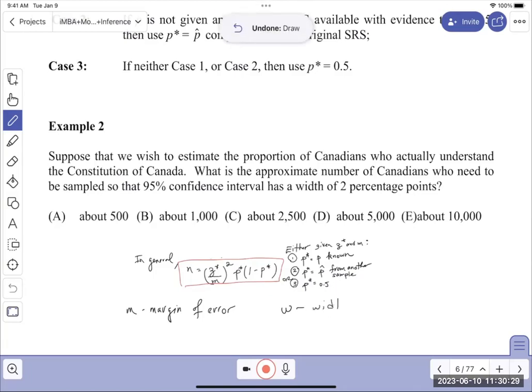What's the relationship between the width of the interval and the margin? What's the relationship between M and W?